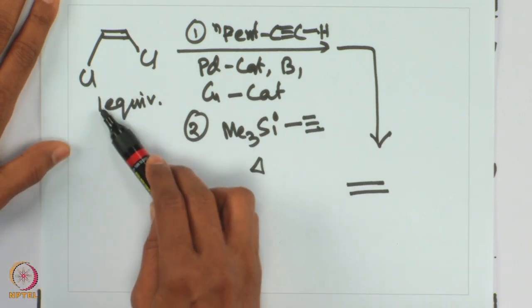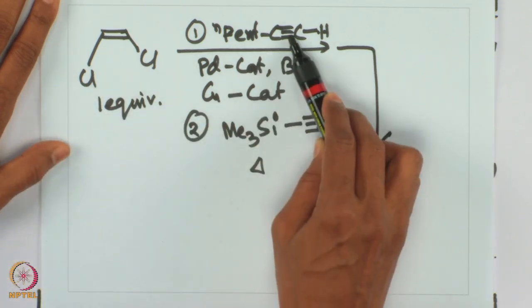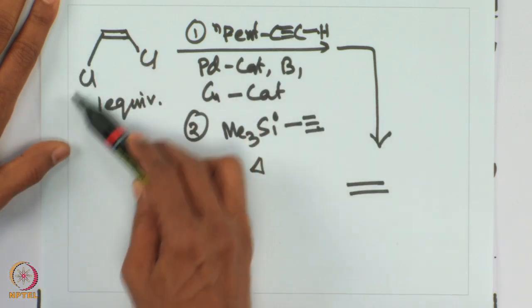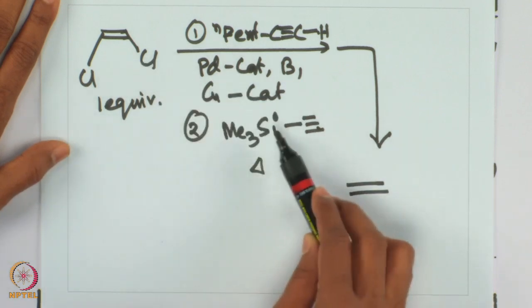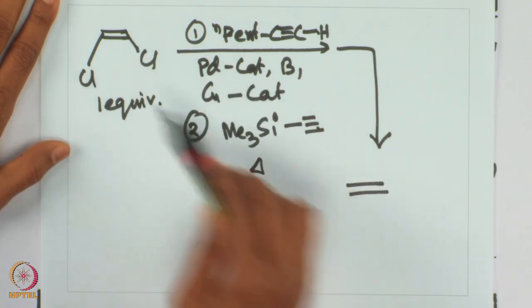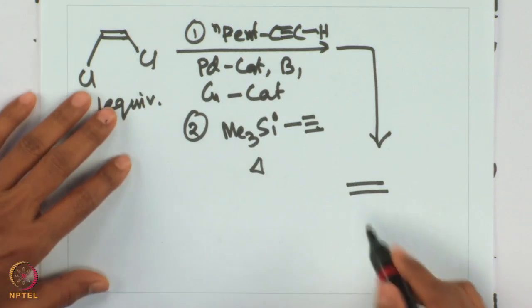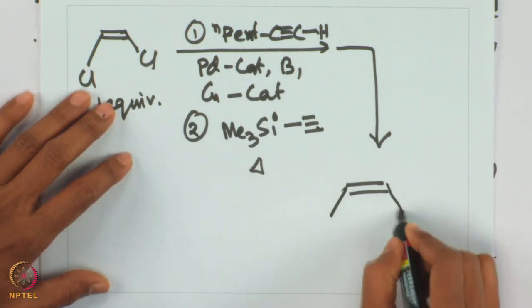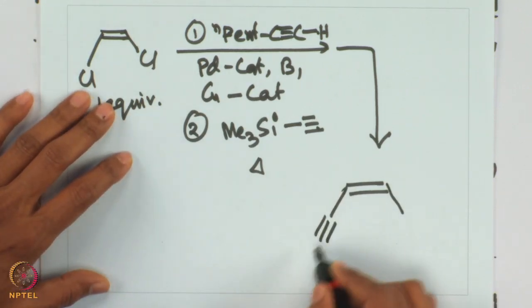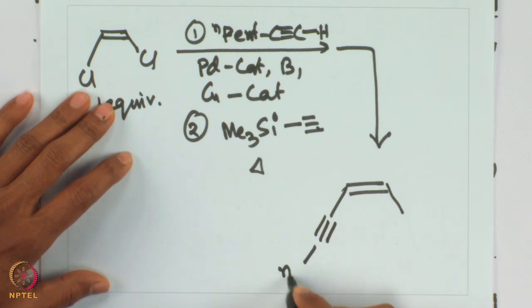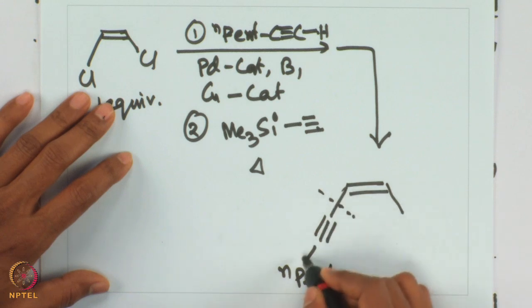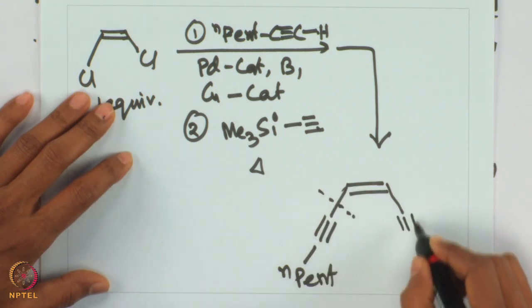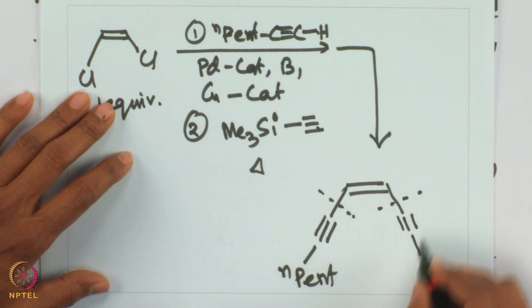Overall what you will see, this is one equivalent, this is one equivalent, and this is also one equivalent. So, one equivalent will react with this one first to give the alkyne at one end, the other end will not be reacting at all, and that one will react with this one to give a differentially substituted alkyne on that olefin starting material. So, on one hand for one equivalent of alkyne it will be this, and the other equivalent will give rise to the SiMe3 product on the other hand.